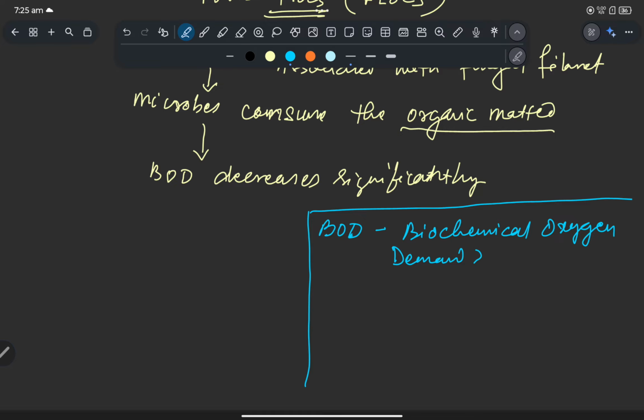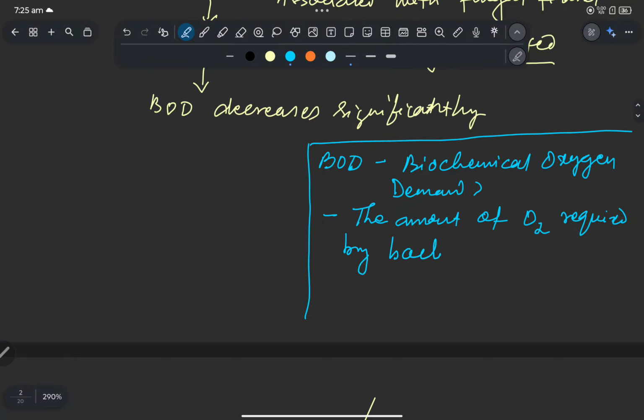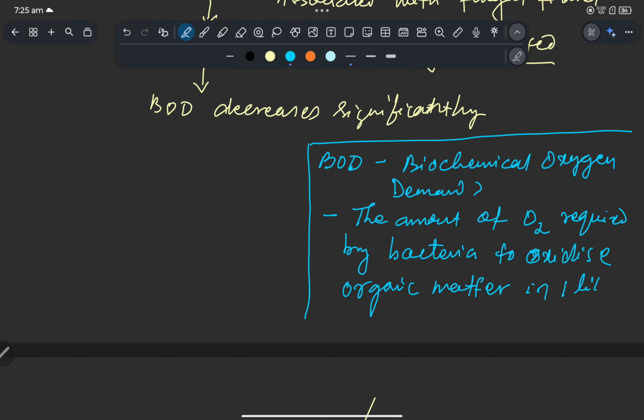Okay, so its definition: the amount of oxygen required by bacteria to oxidize organic matter in 1 liter of water. Okay, so this is the definition of BOD.